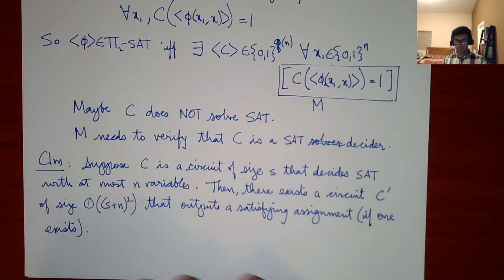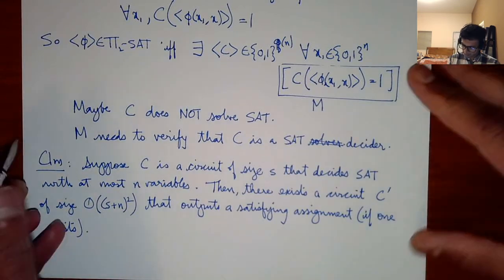Okay, so we're going to need this claim. We're saying, suppose there exists a polynomial sized circuit that decides SAT. We can use that to construct a polynomial sized circuit that actually outputs a satisfying assignment. And once you see the idea, it's not that complicated. It's called the self-reducibility of SAT.